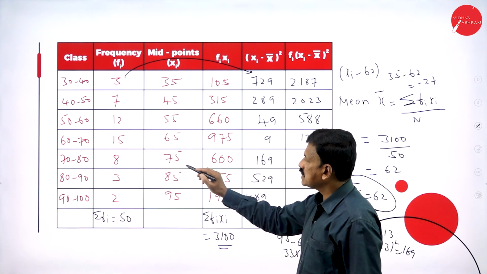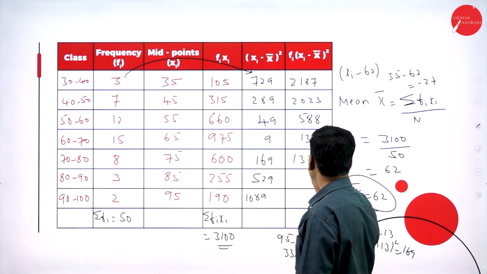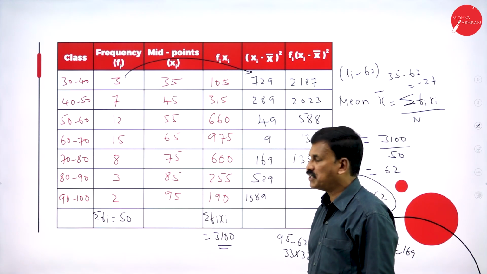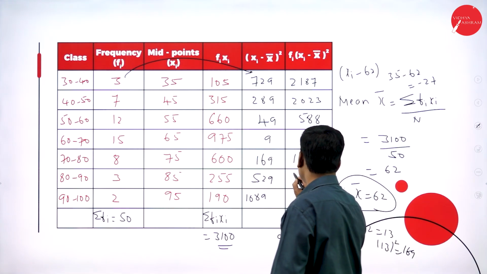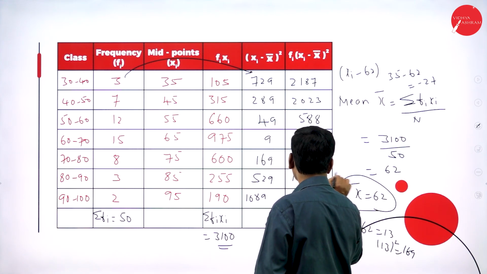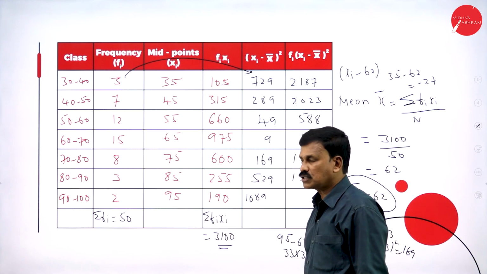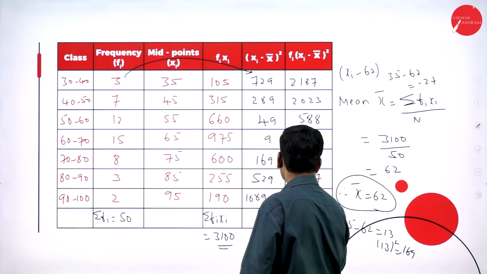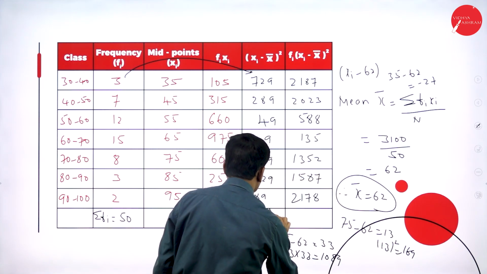Next 169 into 8 is 1352. 529 into 3 is 1587. And the last one, 1089 into 2, is 2178.